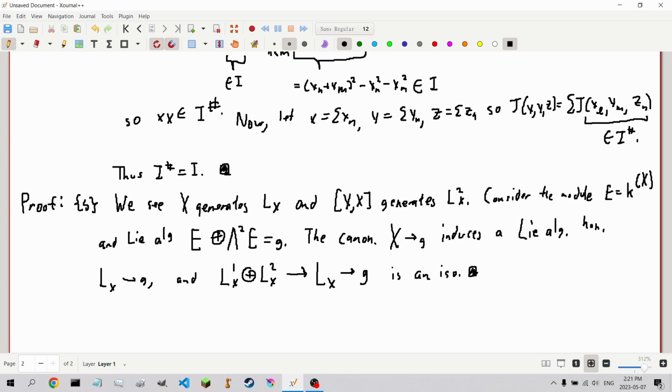So I think that would just be a bunch of copies of k indexed by the elements of x. Which, as I suspected, makes our wedge of E with itself just kind of our current stand-in for the Lie bracket.